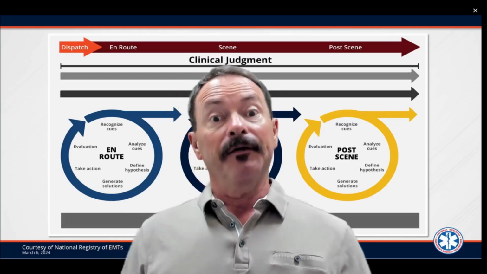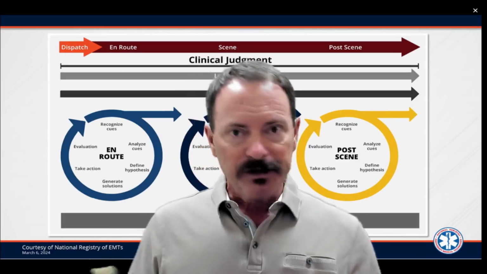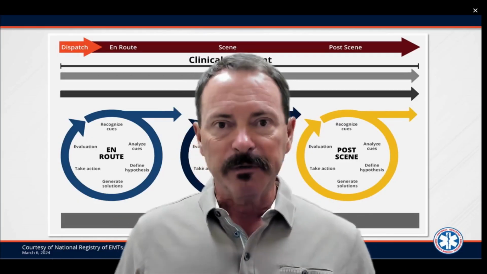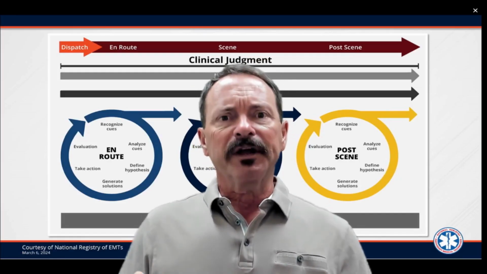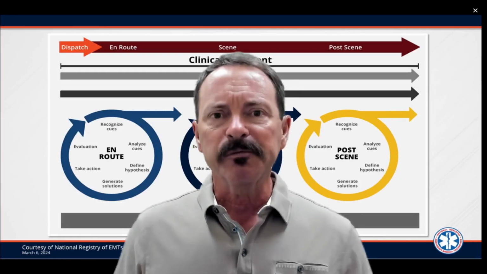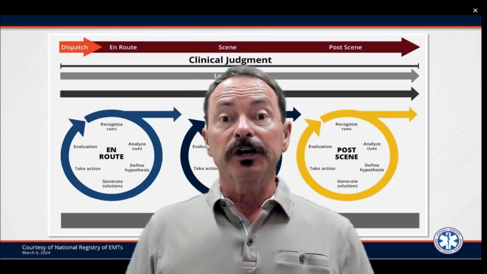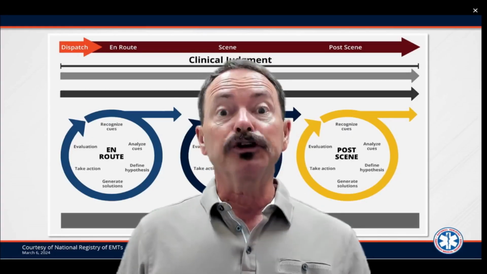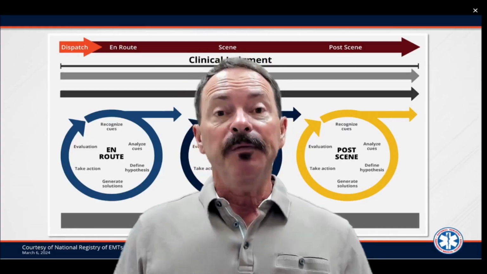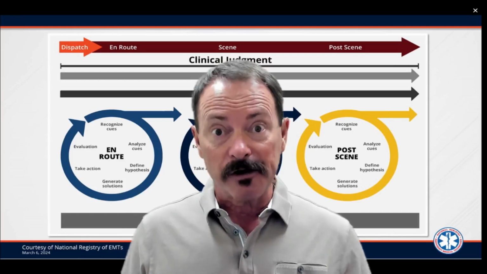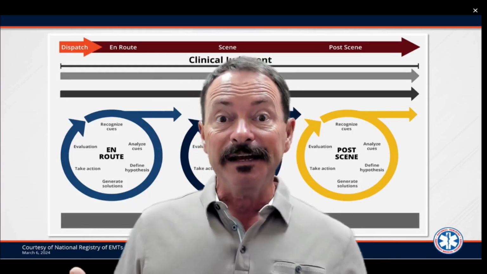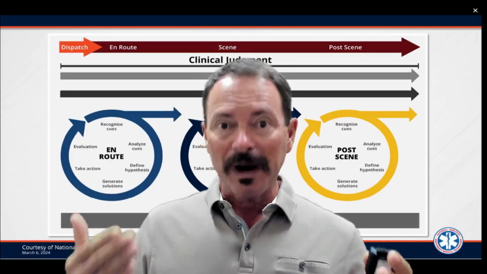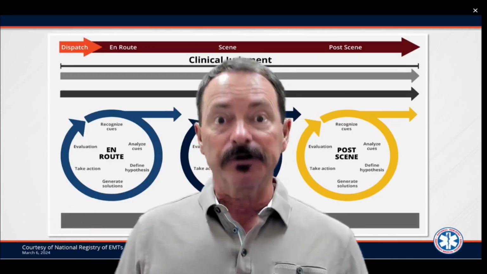And then when you get on the scene, well, then you start your entire assessment from the very beginning to the very end. So you're going to do your general impression, then you're going to do your primary assessment, then your secondary assessment, then your ongoing assessment while you're en route. You need to figure out, is this something that I need to take action right now and treat my patient right now?